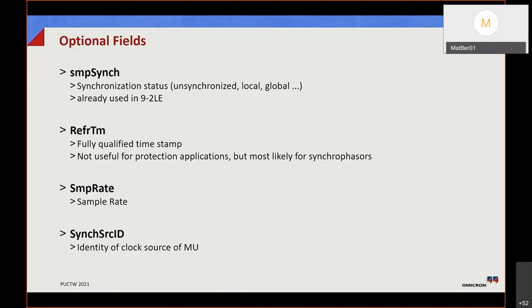Most important maybe on this list is the bottom one, the sync source ID. So this allows to send the clock identity of the clock that synchronizes the merging unit with the sampled value stream. And this can be very valuable for the relays to check if the information coming from different merging units is synchronized to a common clock.